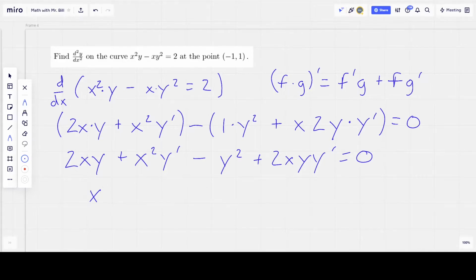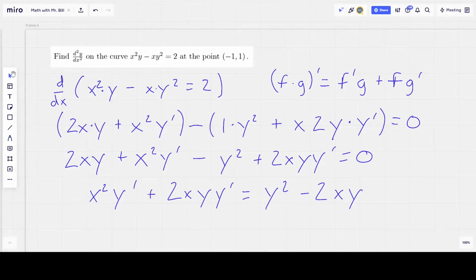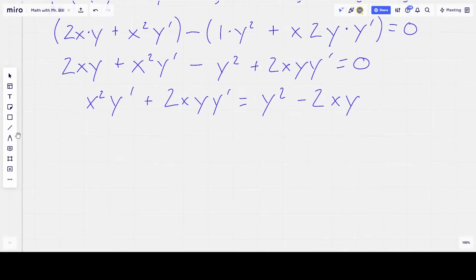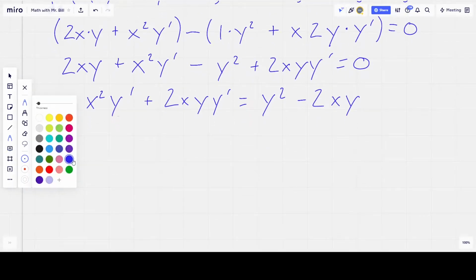So the x squared y prime and the 2xy y prime stay over on the left hand side, and then the y squared and the 2xy get subtracted over. Okay, so the next thing to do now is to find y prime.